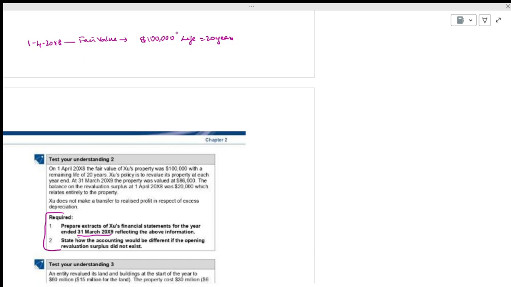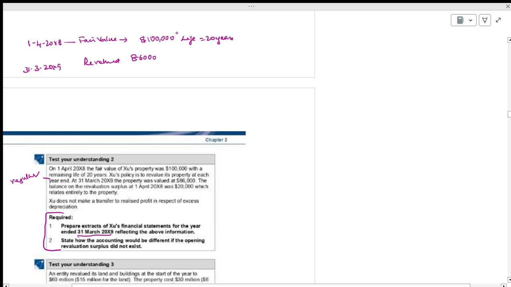They have the policy to revalue the asset every year, on a regular basis. At 31st March 2009, after exactly 1 year, they have revalued it to 86,000.